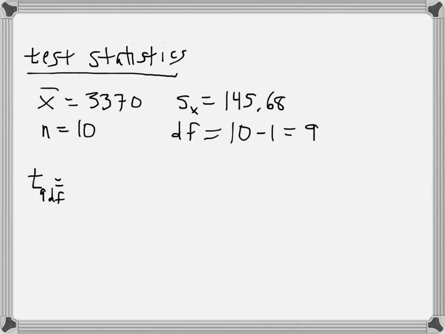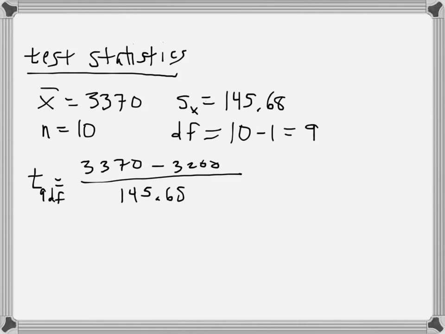The degrees of freedom matter. So I'm going to take my sample mean, 3370, minus the mean under the null, which was 3200, divided by the standard deviation of the sample over the square root of the sample size. And I am going to put that in my calculator.